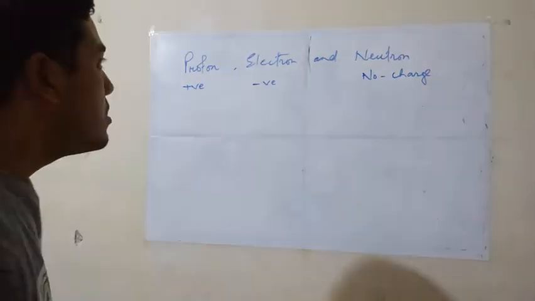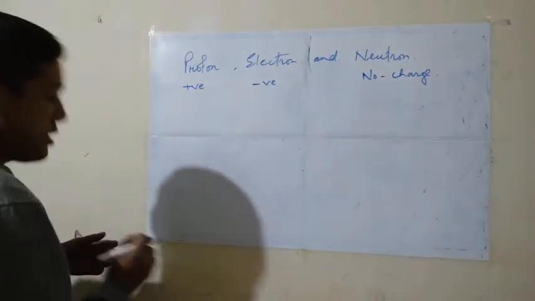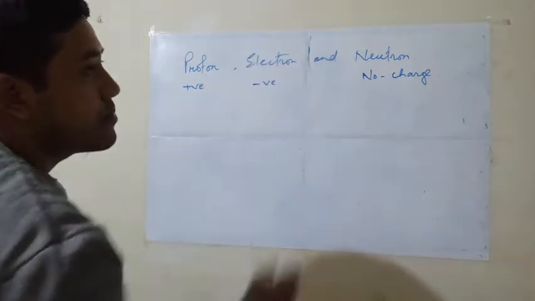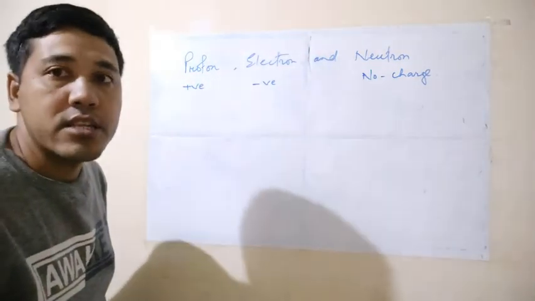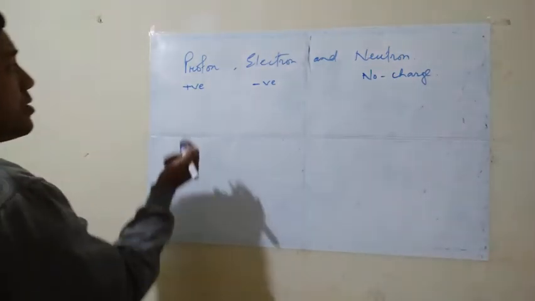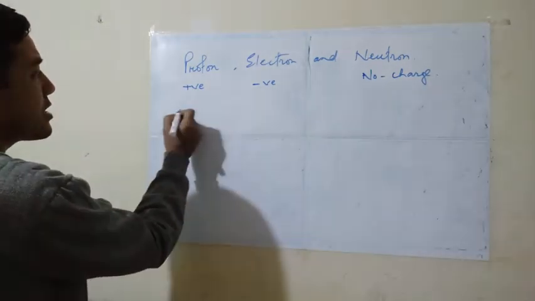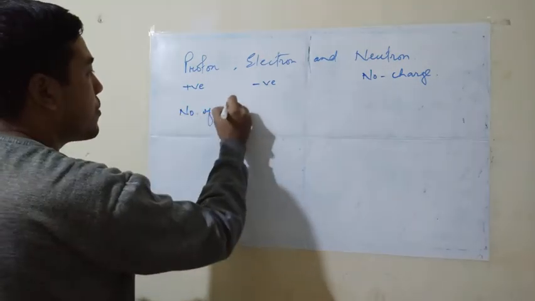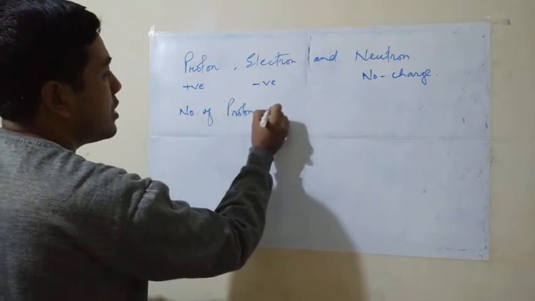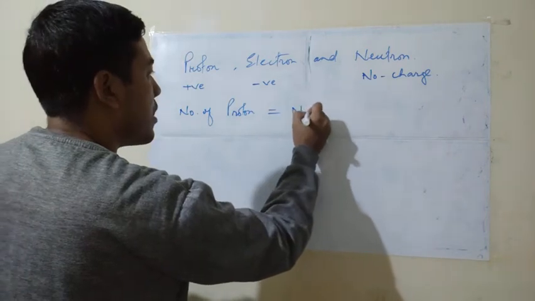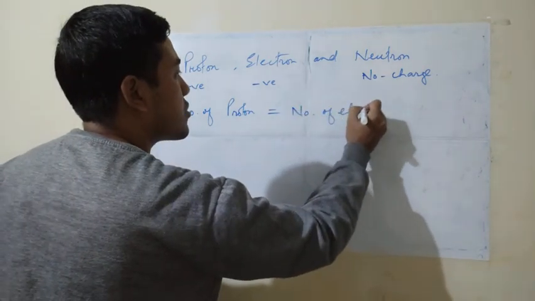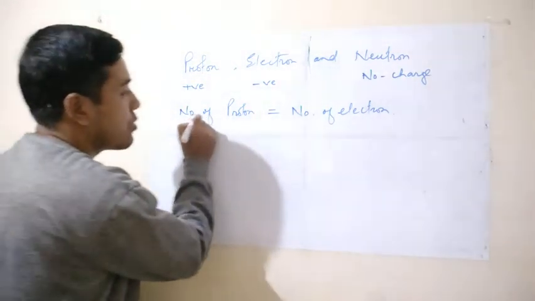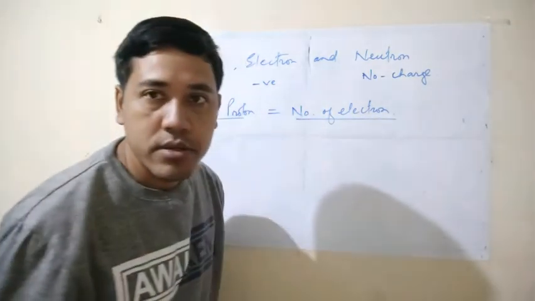Now, these three subatomic units are all present inside the atom. We also know that the number of protons is always equal to the number of electrons. The number of protons is always equal to the number of electrons.